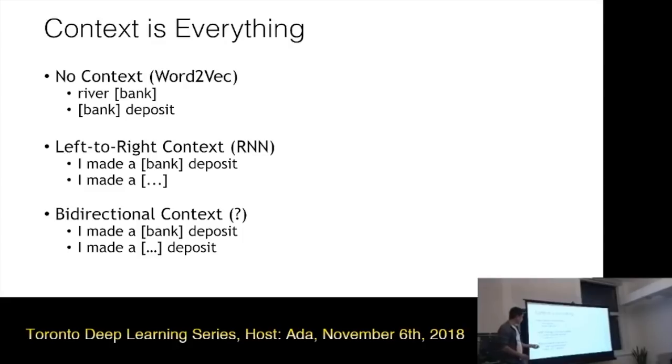When you have the sentence, I made a bank deposit, it should learn the representation of bank from all of the words in the sentence. I made a deposit. Not just things to the left, not just things to the right, but everything. And that is at the core of what BERT is. This idea that bidirectionality gives the best context.